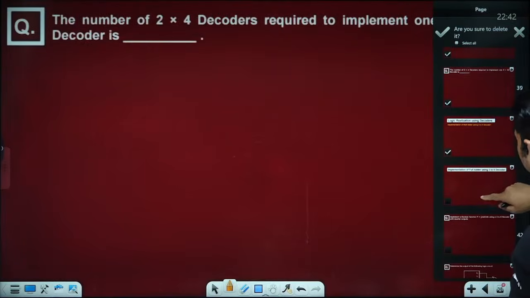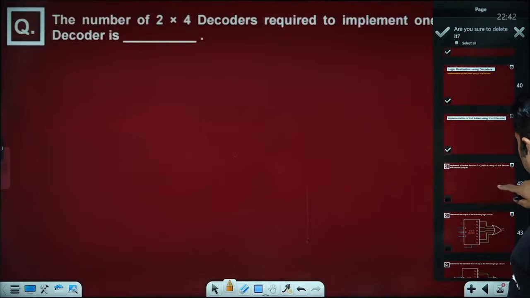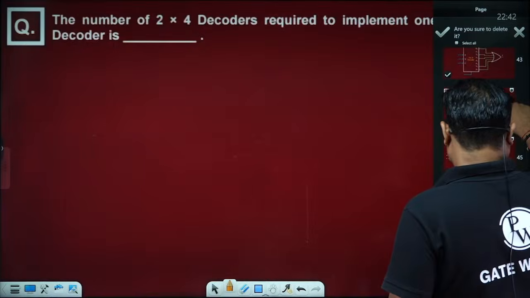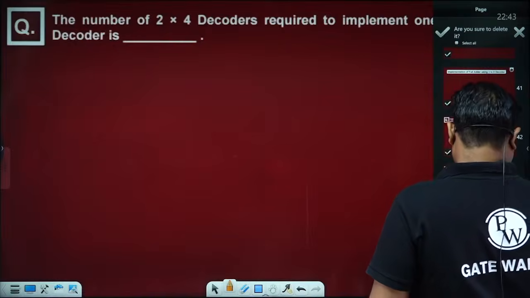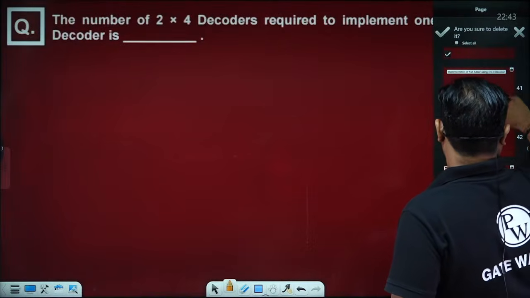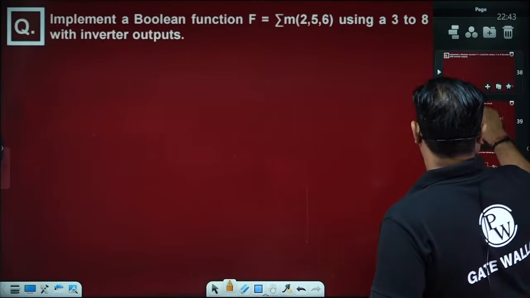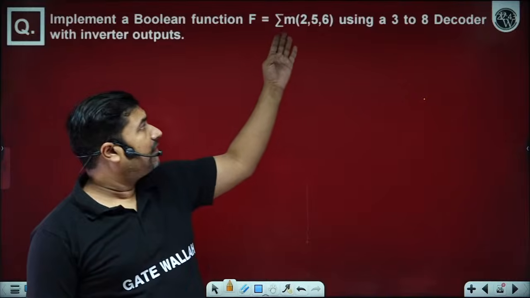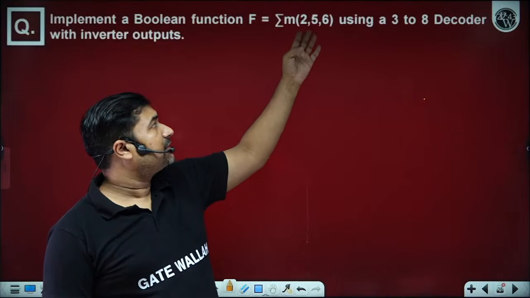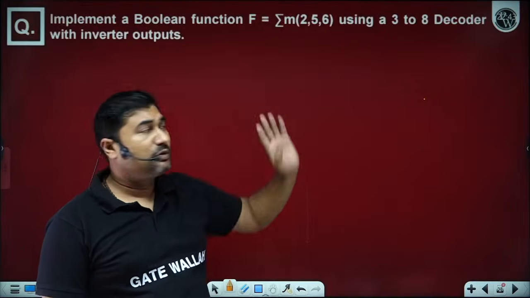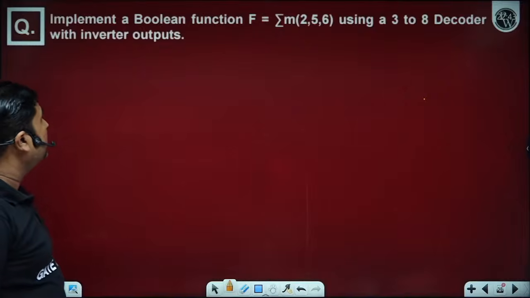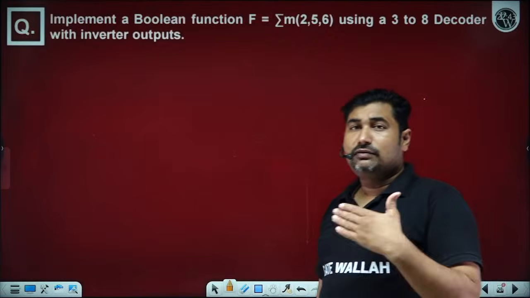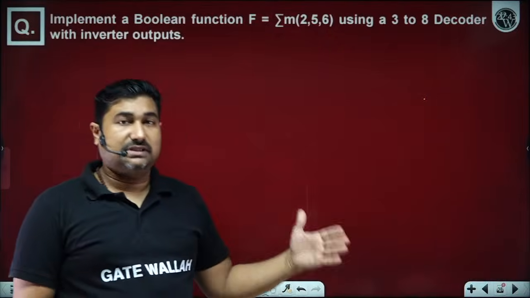Now please observe. One more question. If we want to implement a function f of summation of m, minterm 2, 5, 6, by using a 3x8 decoder with inverted outputs. With inverted outputs means each of the outputs of the decoder has a bubble.